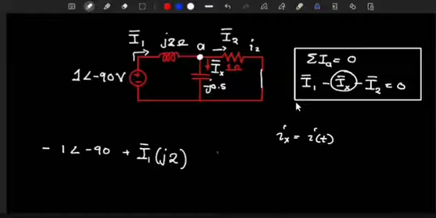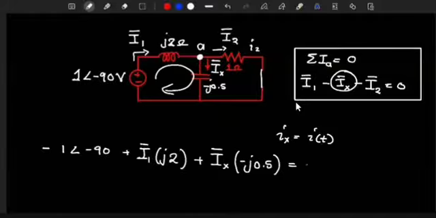And then I reach the bottom one there. So I have plus the current passing there, Ix, times the impedance there, minus J 0.5. That's the last one in this loop. So this has to be equal to 0.